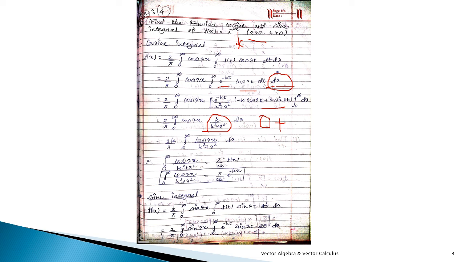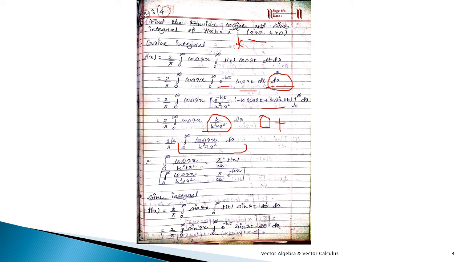As I have said, if the question does not ask you to evaluate this term, then you just have to make lambda term the subject. So I'm making it the subject, and this will be the answer for what we are going to evaluate: 0 to infinite cos lambda x upon k squared plus lambda squared d lambda.